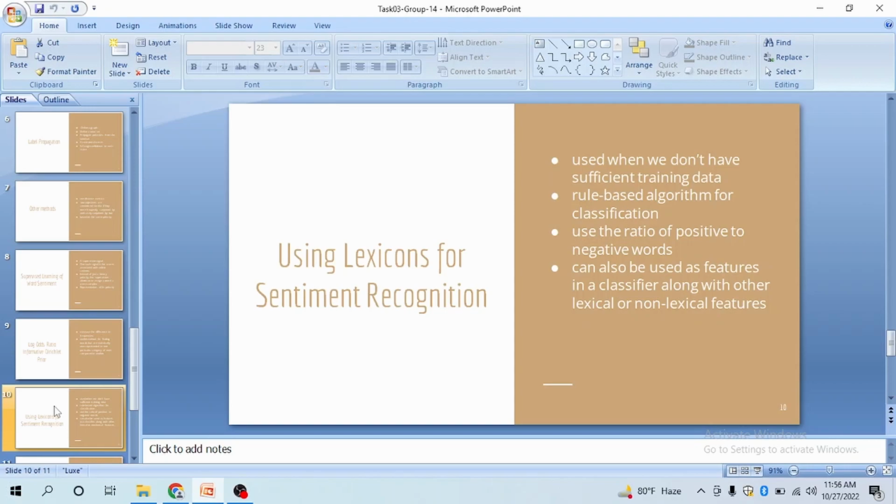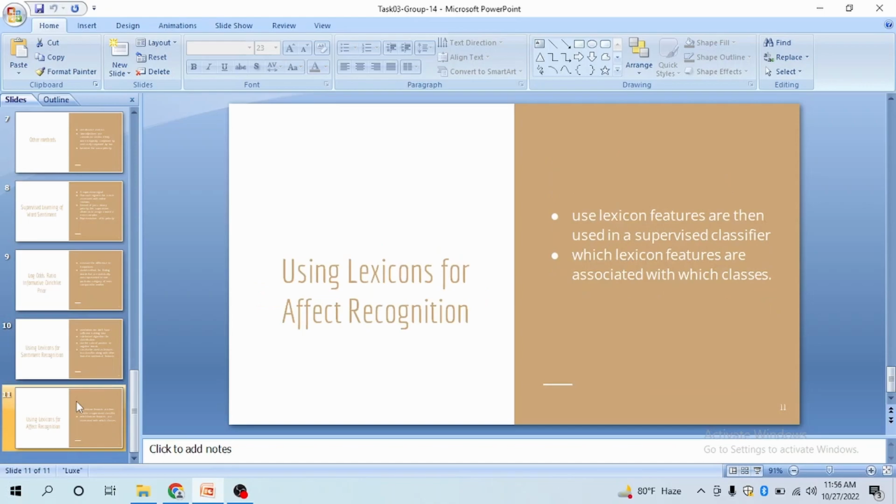Then we have using lexicons for affect recognition. So we can also use lexicon features in a supervised classifier.